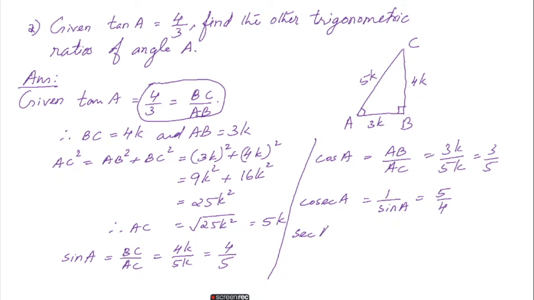Now sec A is equal to 1 by cos A, so that is 5 divided by 3. Last, cot A, it is the reciprocal of tan A. What was tan A? It was 4 by 3. So it becomes 3 by 4. So I hope all of you understood.